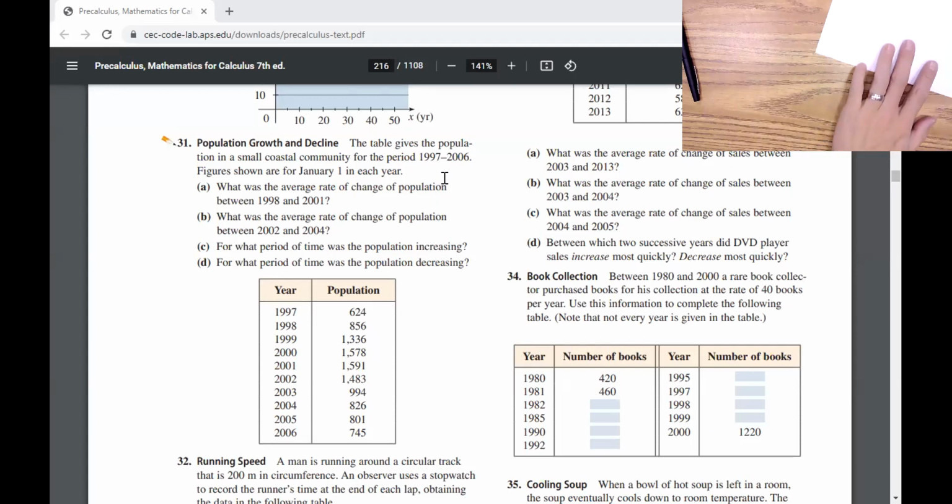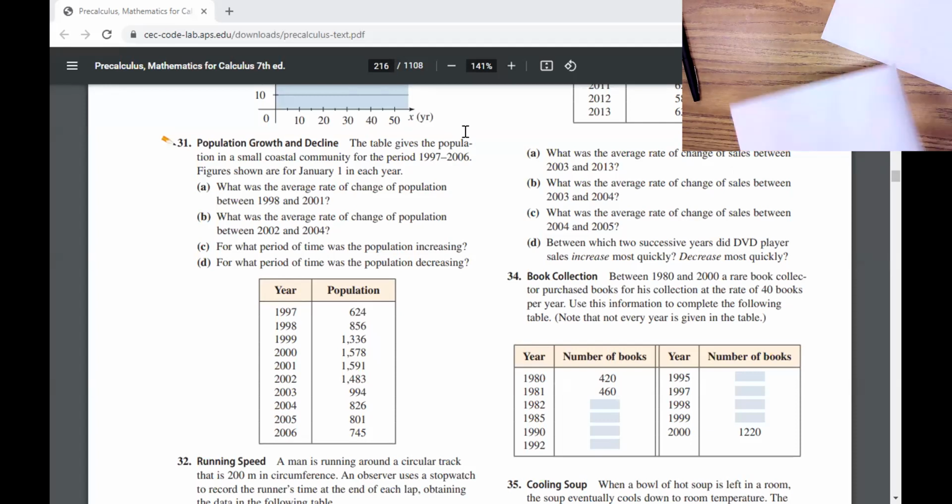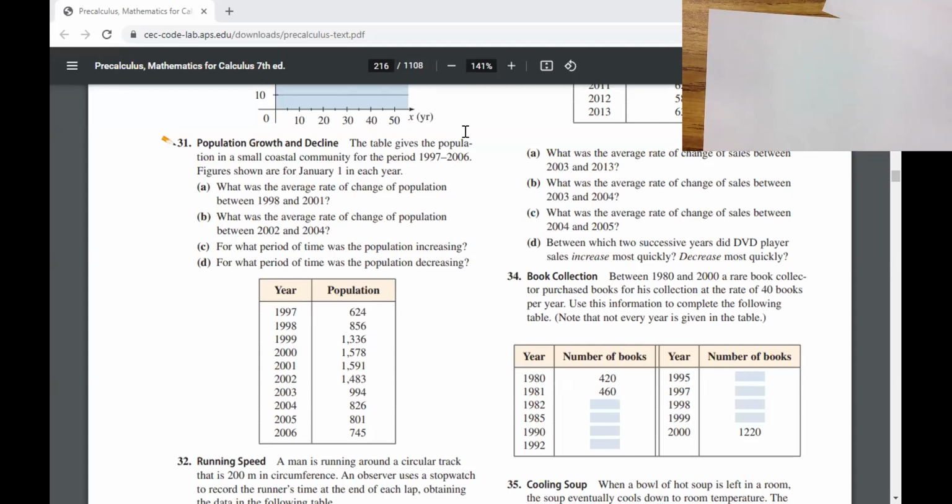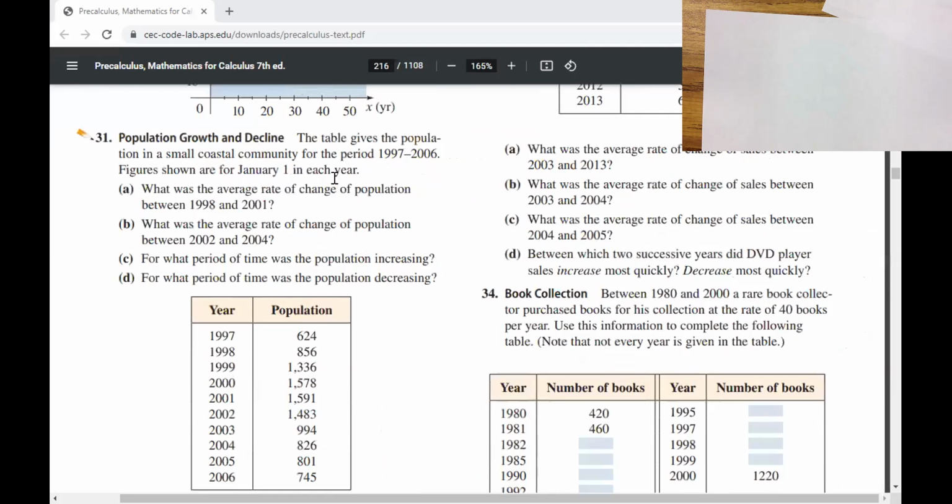So I'll just do the work here, and hopefully on the video, it just comes out like this too. For number 31, it says population. The table gives the population in a small coastal community from the period 1997 to 2006.